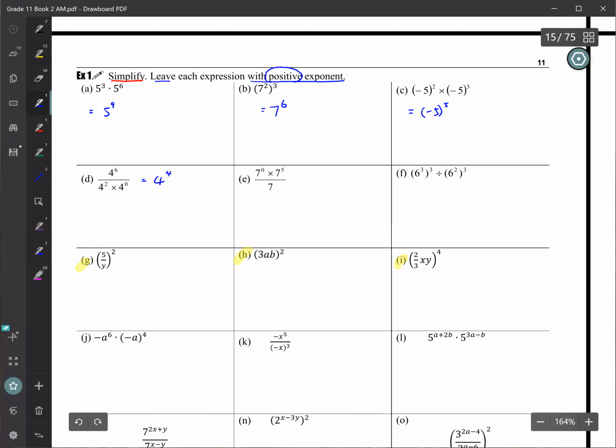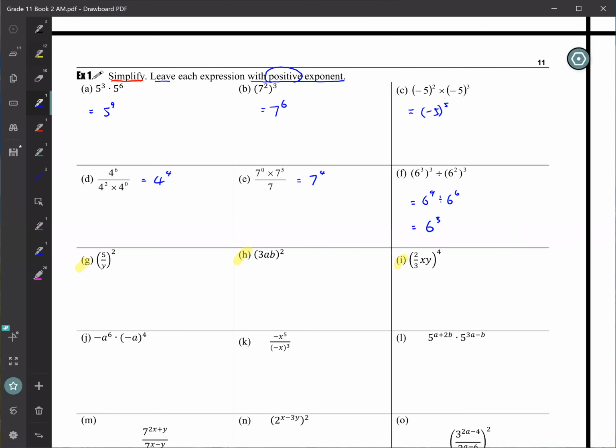Okay. And question E, Colin. 7 to the power of 4. Yeah. Okay. Question F, Aaron. 6 to the power of 3. Okay, so we have 6 to the 9 divided by 6 to the 6 to get 6 cubed.